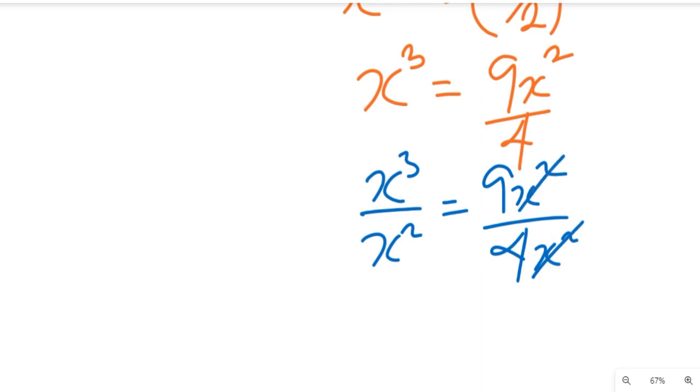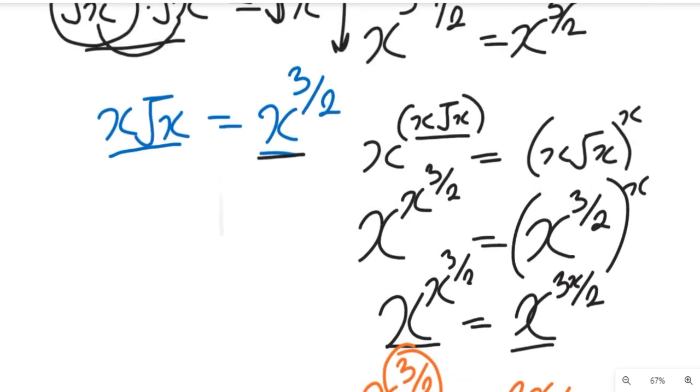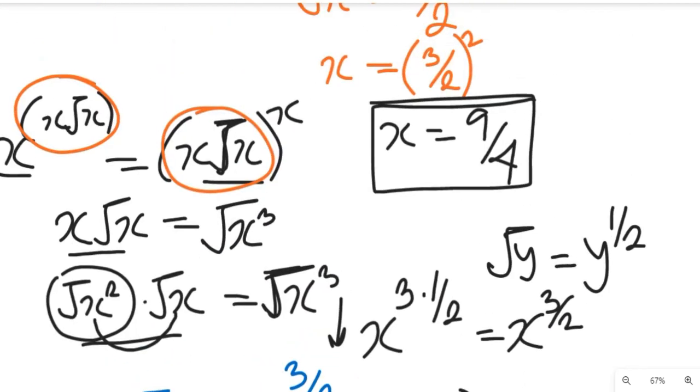According to the law of indices, x to the power of 3 divided by x squared will give us x, because the powers will subtract. So x will be equal to 9 divided by 4. So you come to see that the solution from the second part is exactly the same solution we got for the first part. So that means both solutions are correct.